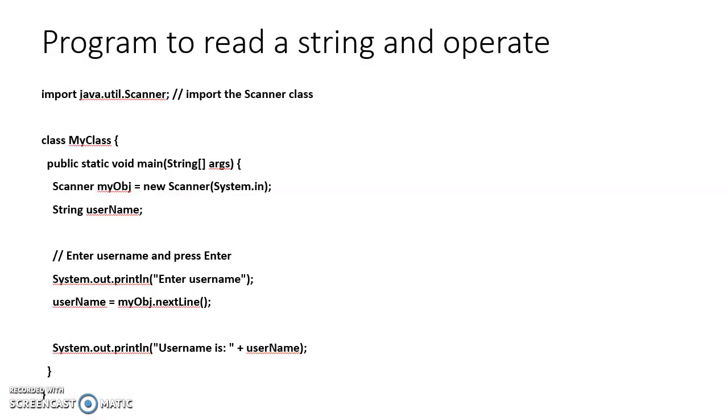Moving on, in this PPT we will have some more programs. Basically, this is a program to read a string and operate on it. Again, you're using the Scanner class over here, and you're trying to create an object called myobj, and you're using a string called username. Basically, it is to enter the username and run it. Now, if you look over here, the function used here is nextLine. What is nextLine going to do?